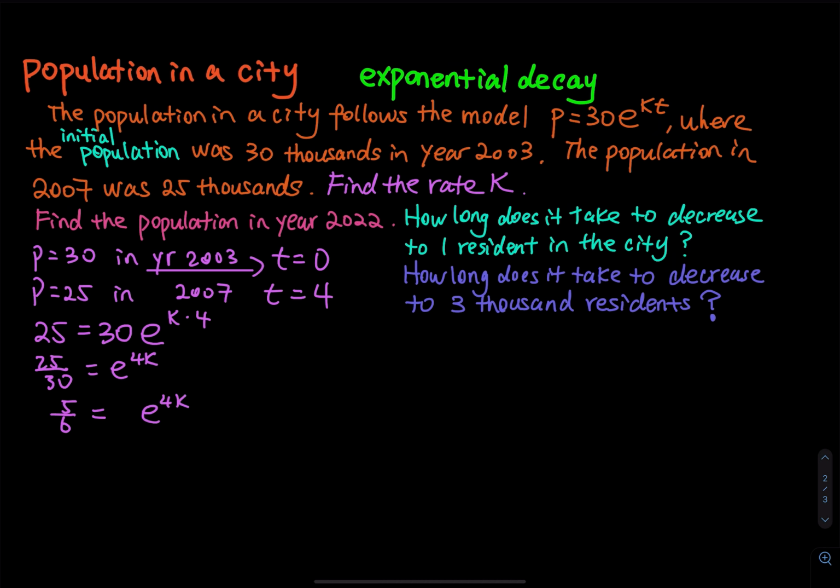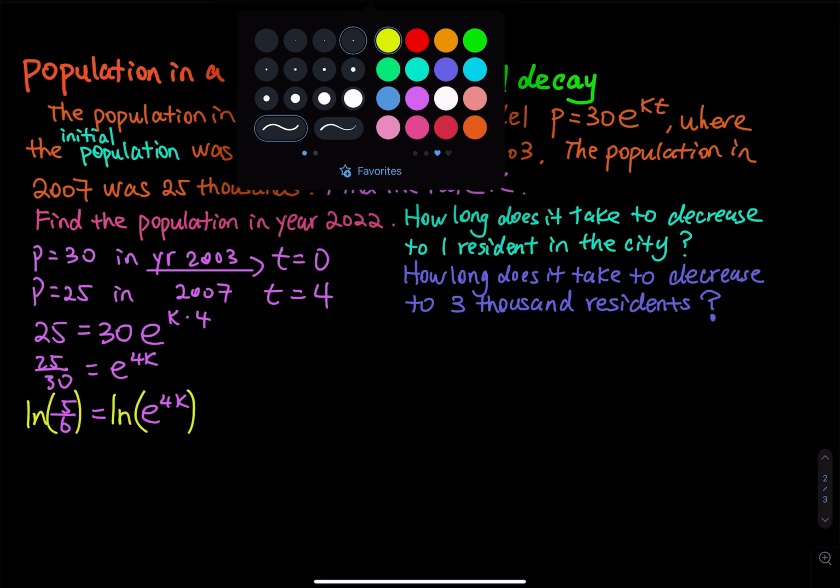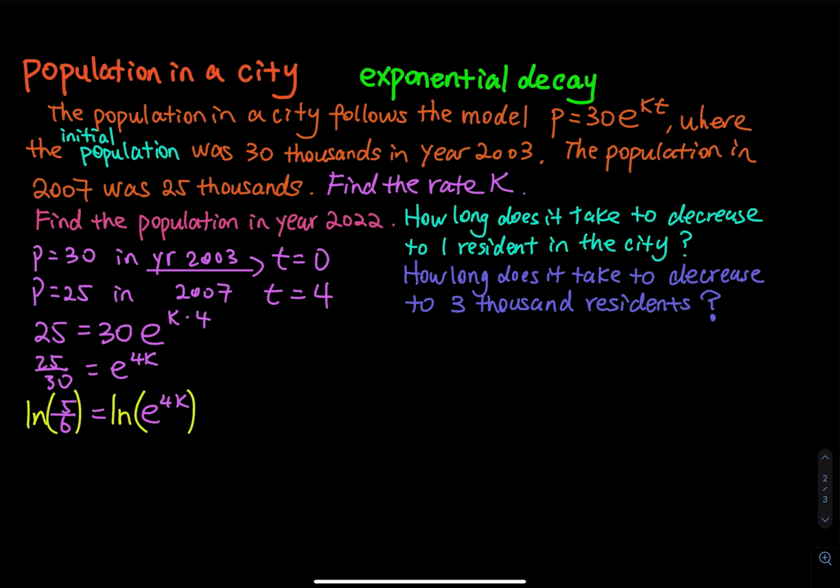To bring the k down, we have to take ln on both sides. I'm going to ln the left hand side, and ln the right hand side. On the right hand side, you can bring the exponent down to the front of ln, and ln e equals 1.